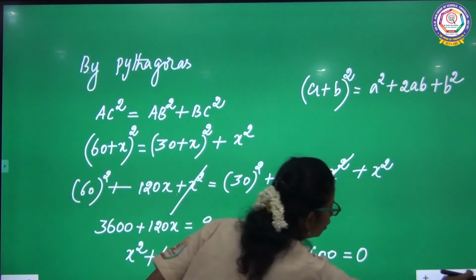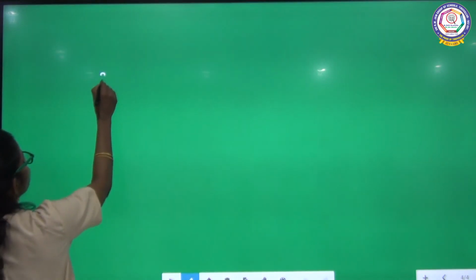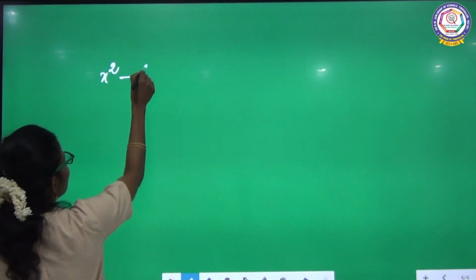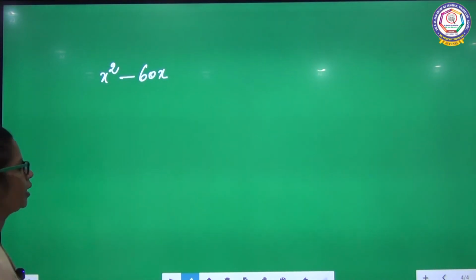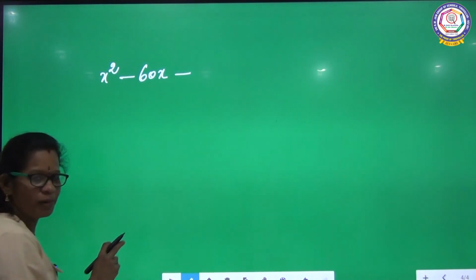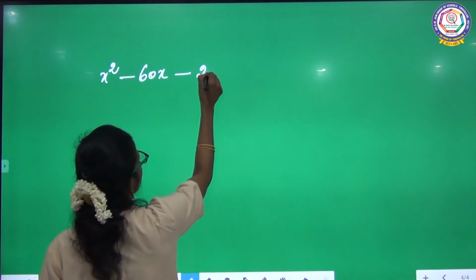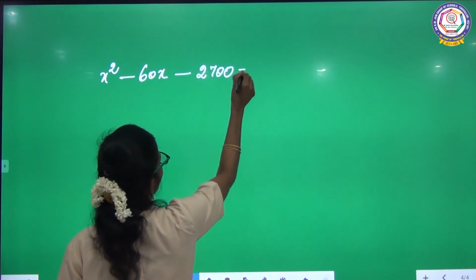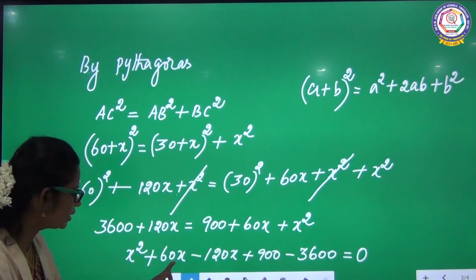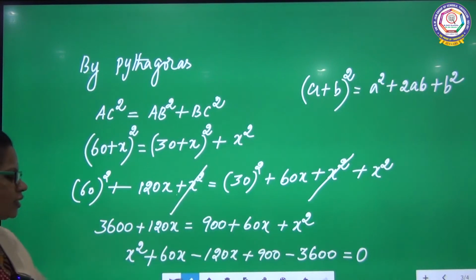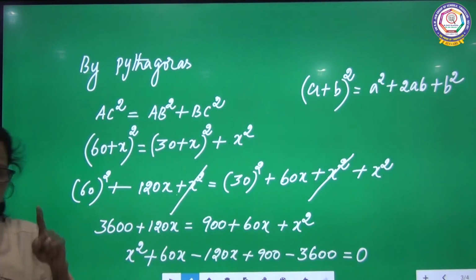Now I am going to make it simplest. x square minus 60x, because plus 60 minus 120, and plus 900 minus 3600. So what you will get? Minus 2700 equal to 0.